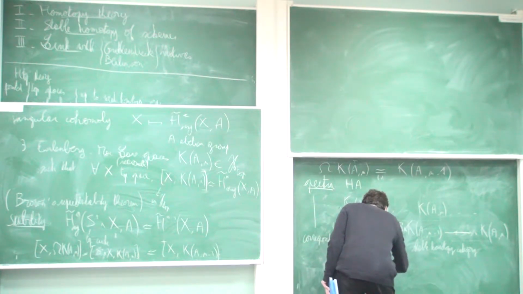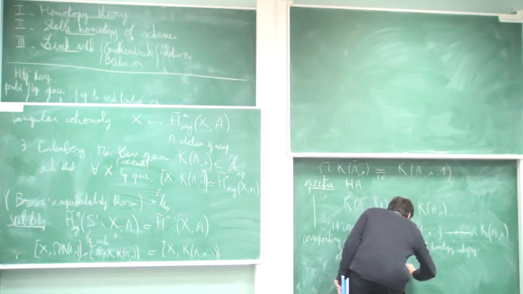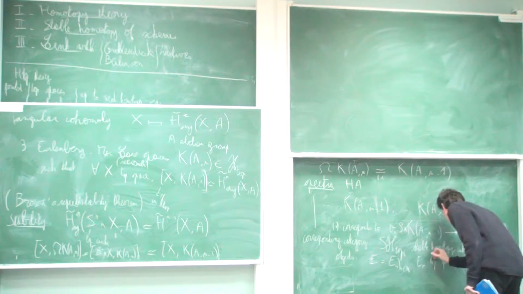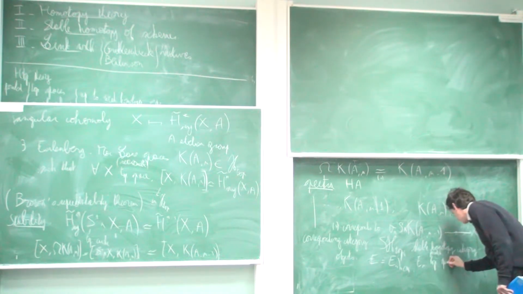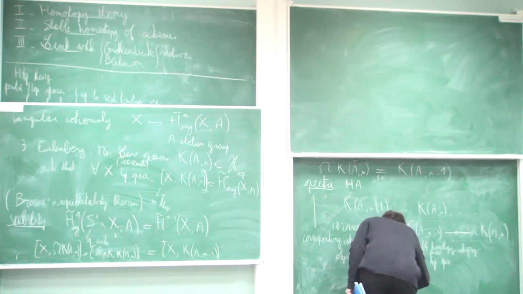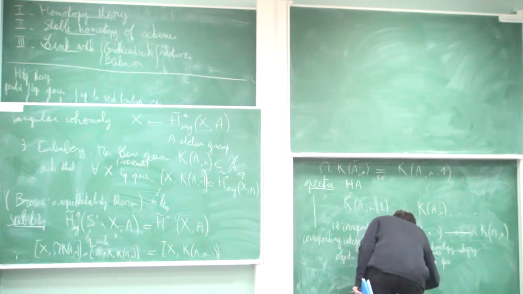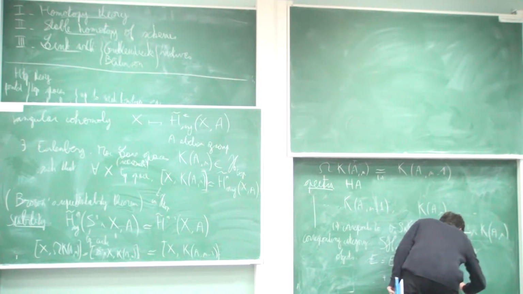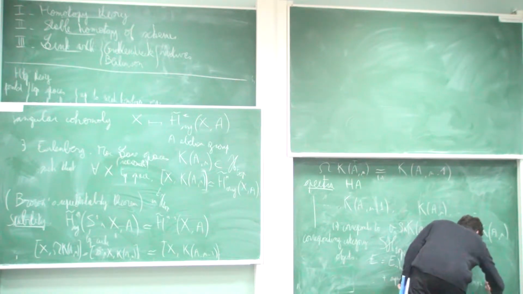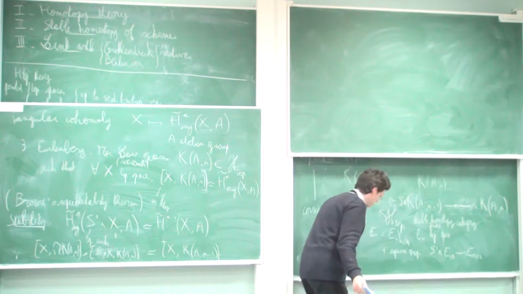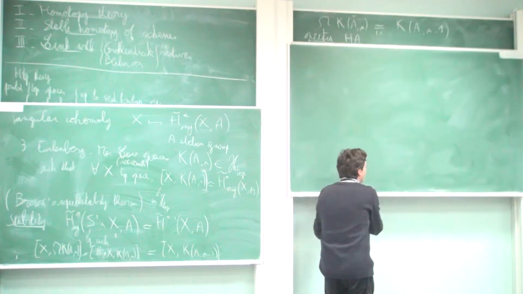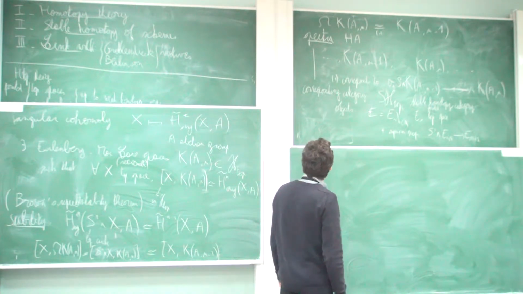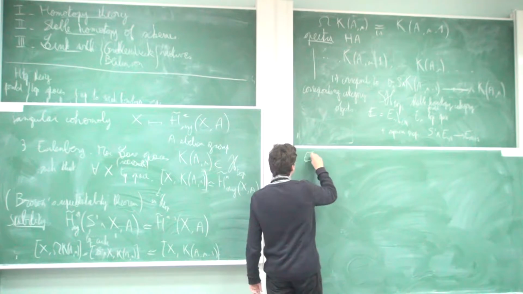Objects are just sequences E = (E_n) of pointed topological spaces, plus some suspension maps, if you call them like that, from S^1 smash E_n to E_{n+1}. The first example I've defined here is the Eilenberg-MacLane spectrum associated to A, but there are other ones.